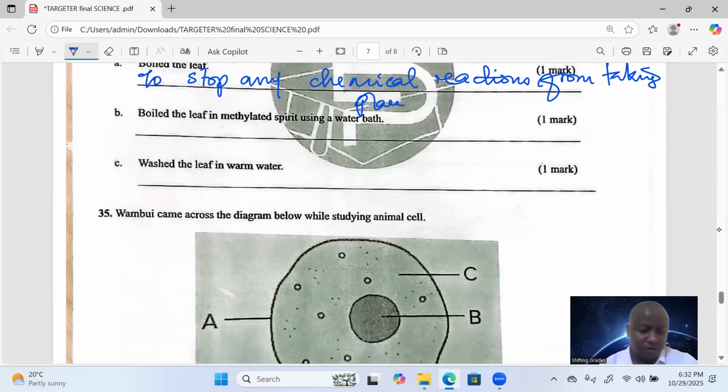This is to remove chlorophyll and make it clear for observation.